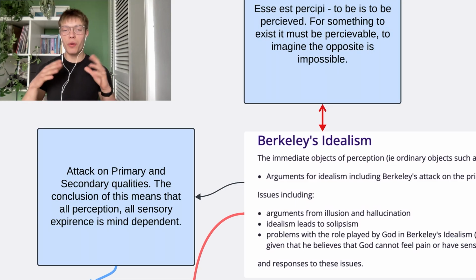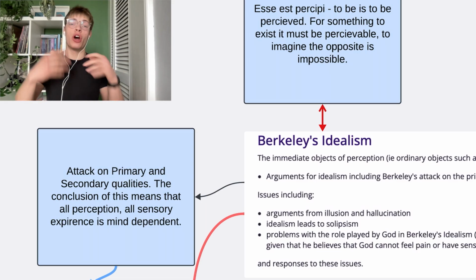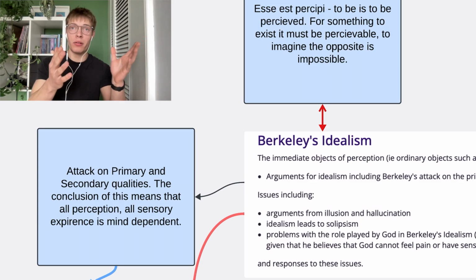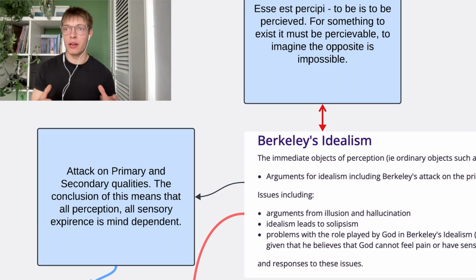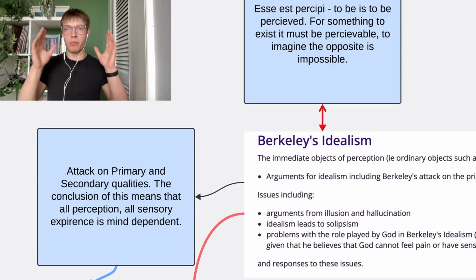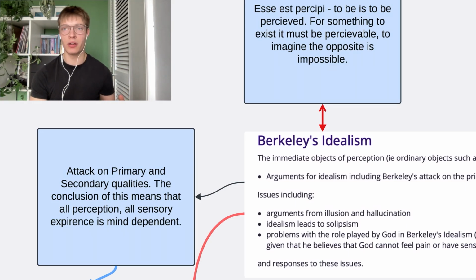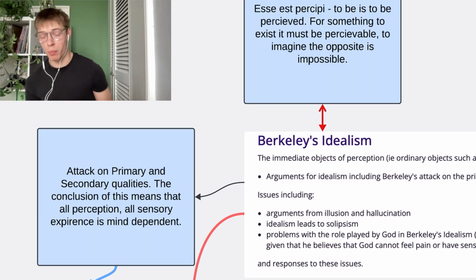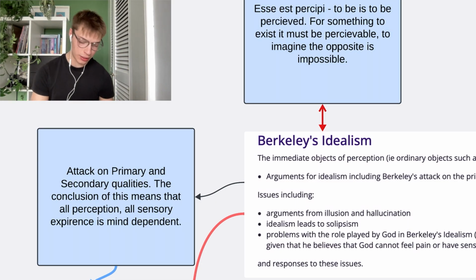We take all of those things away, and then suddenly we don't have an apple in our mind. We have nothing. So for the apple to exist, it must be perceived, because if we don't have any of the sensory experience, there is no apple. And so that's esse est percipi.